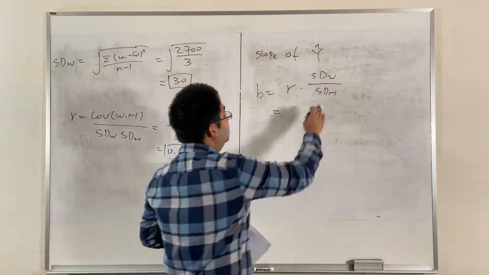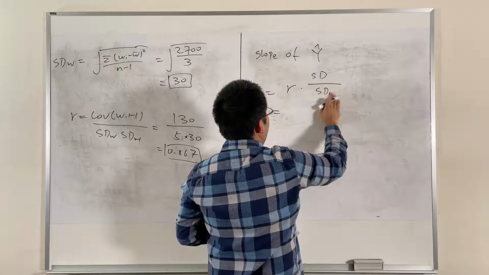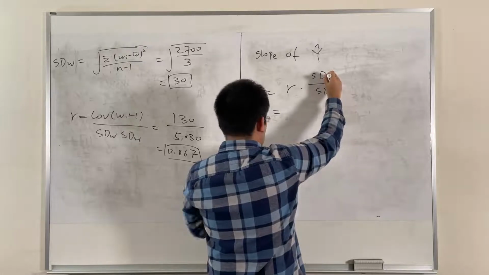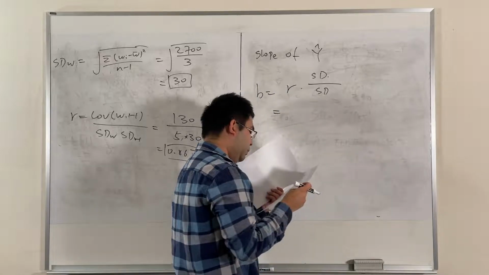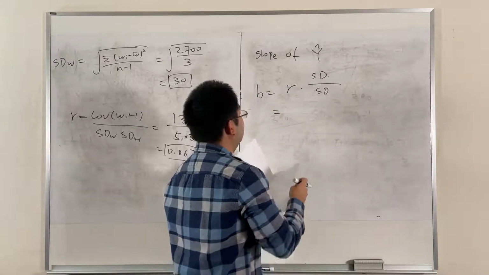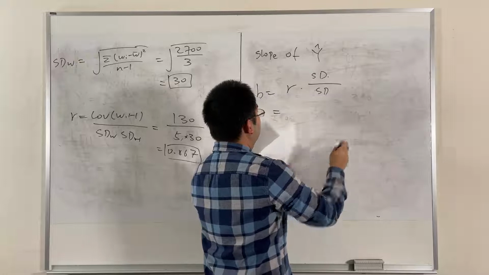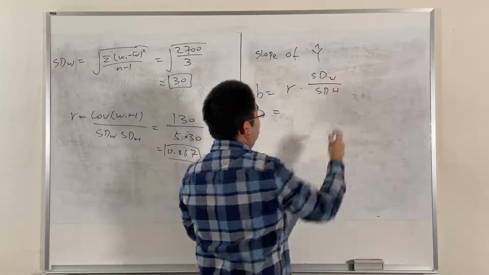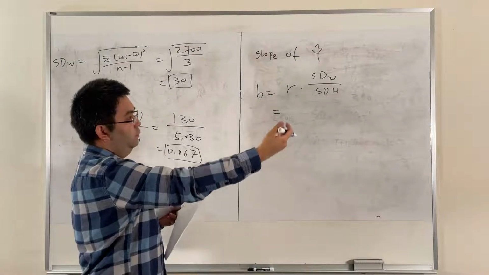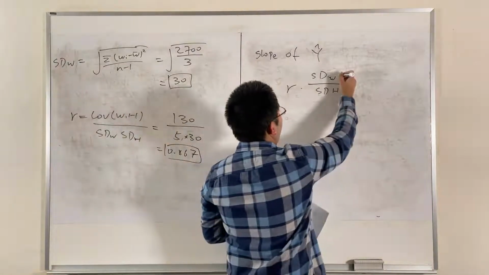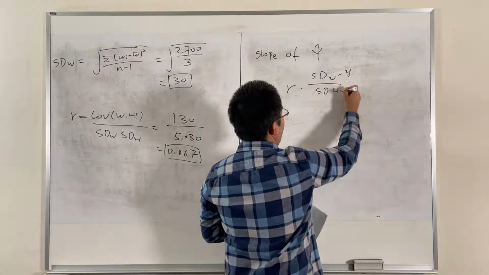No, here should be h. So here should be weight and here should be height, right? So basically I'm using height as the x variable and w as y. This is y and this is x, right? Okay.